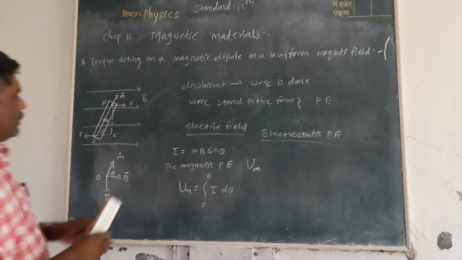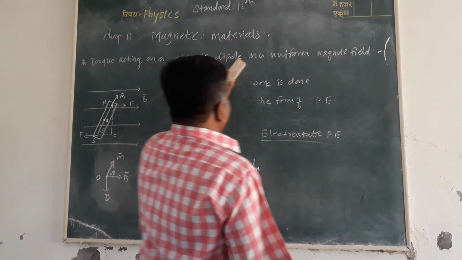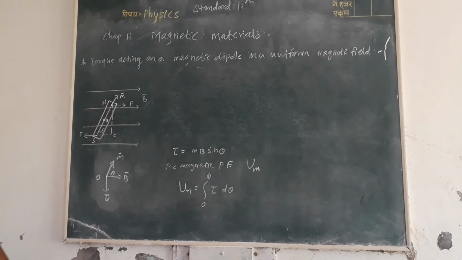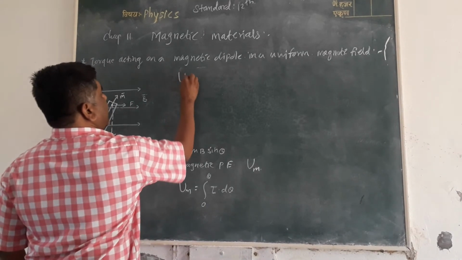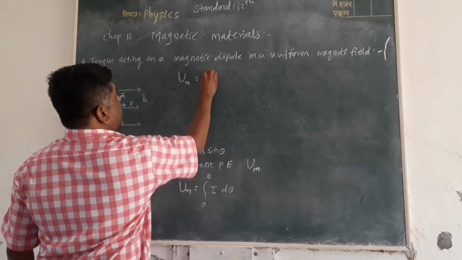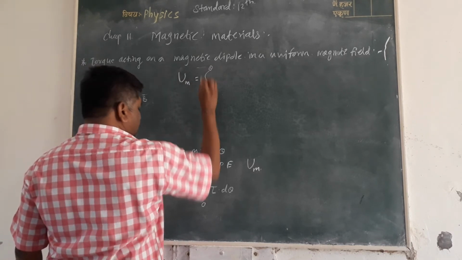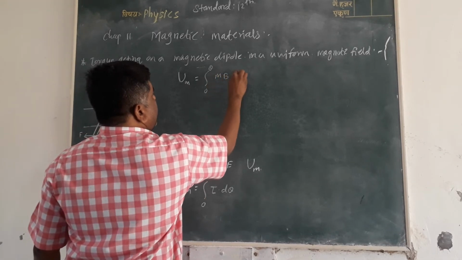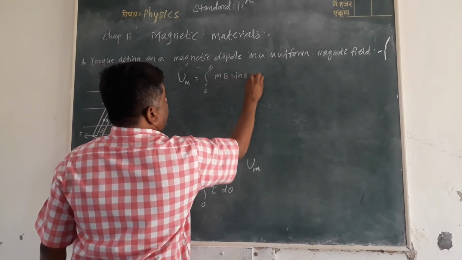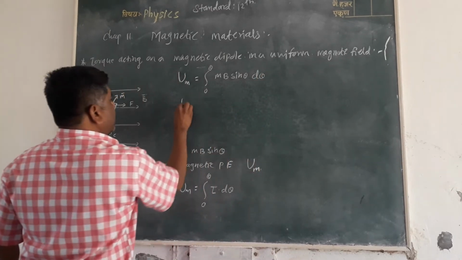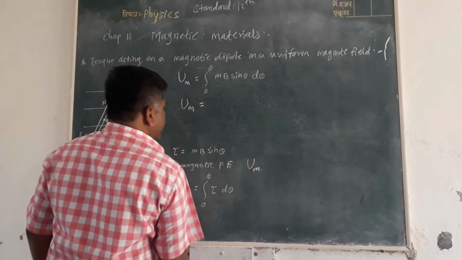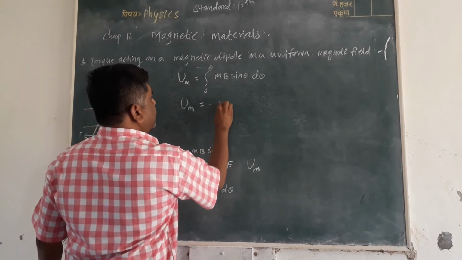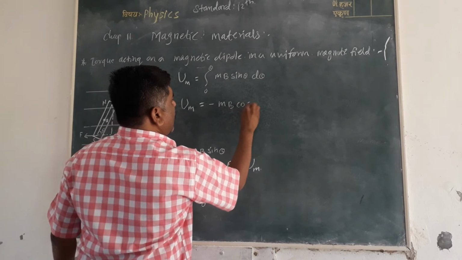Therefore, we calculate U M, the magnetic potential energy, from 0 to theta of the value of tau, mB sin theta d theta. Therefore, U M is equal to minus mB cos theta.